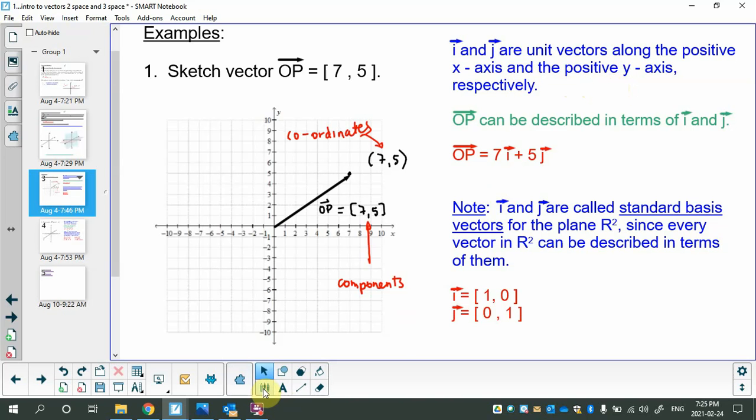So basically what it's saying, and I'm not going to do it with vectors, I'm just going to outline it, is that this is i right here, a little vector. There's 1, 2, 3, 4, 5, 6, 7 i's, and then this is j. So you've got 1, 2, 3, 4, positive 5 j's to get to this point. So this is another way of describing this.